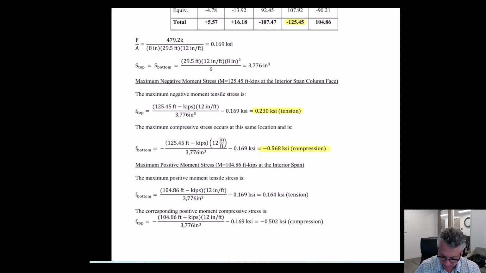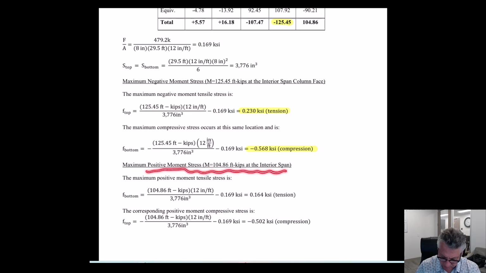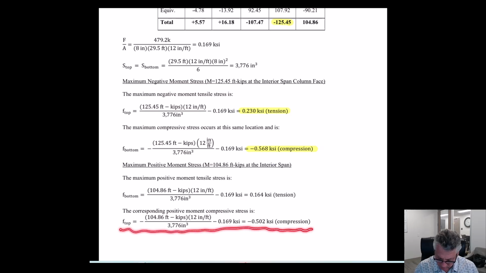So I do check the maximum positive moment stress, and I'm doing this because it's going to matter a little bit later. So it wasn't a maximum that I'm looking for, but this is for a different reason. So I find the maximum positive moment tensile stress, calculate that to be 164 psi in tension. Important, in tension. And then I actually need, and this is important, but there's a surprise coming later.